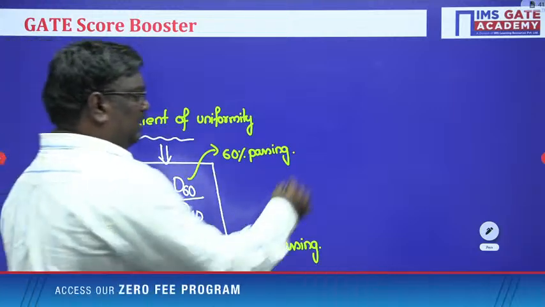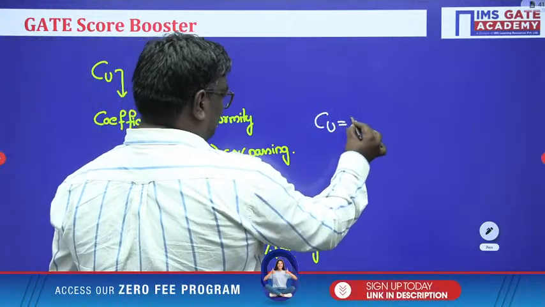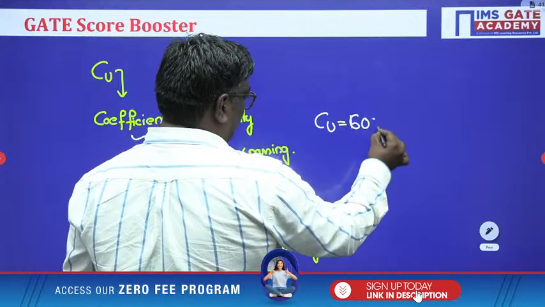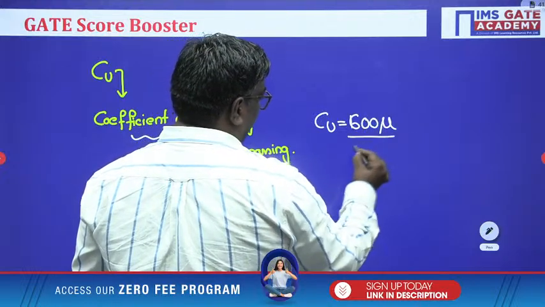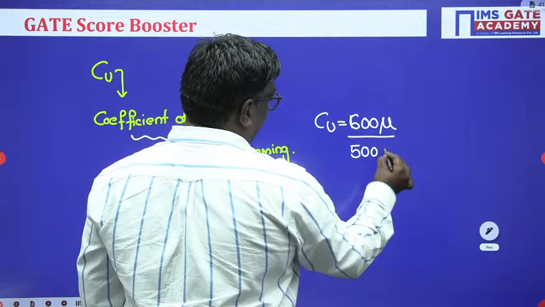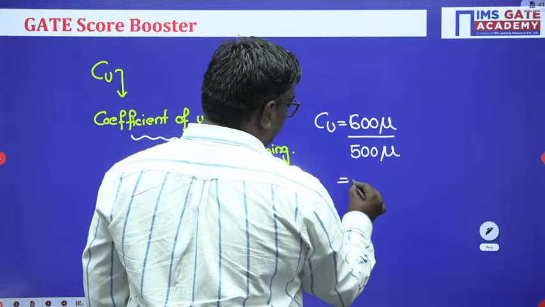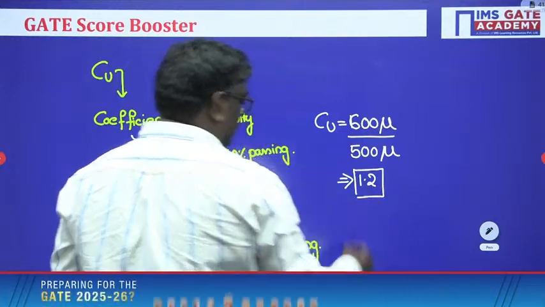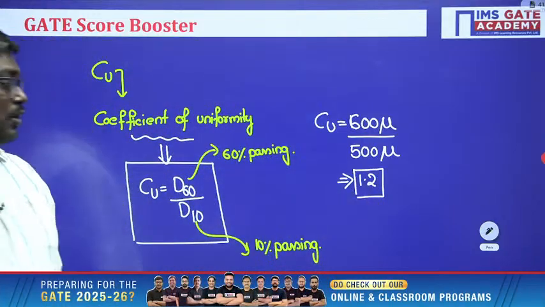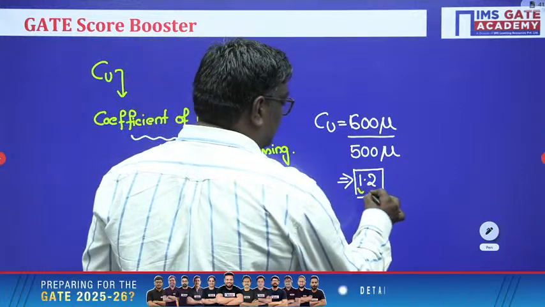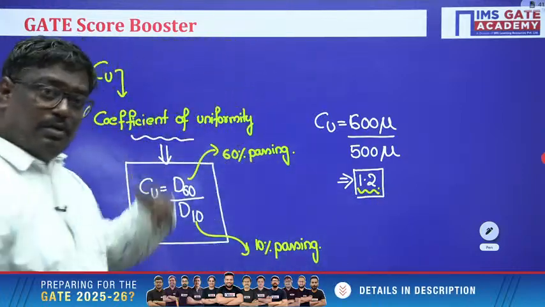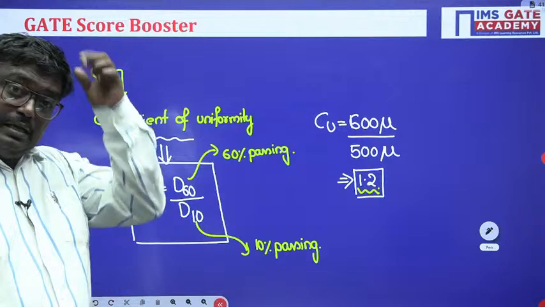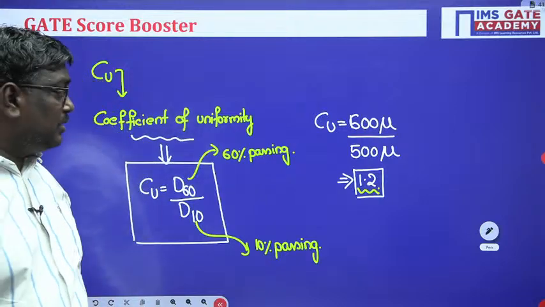So Cu is equal to 600 micron upon 500 micron, which is equal to 1.2. The coefficient of uniformity is 1.2. Agree? Yes or no, my dear students?